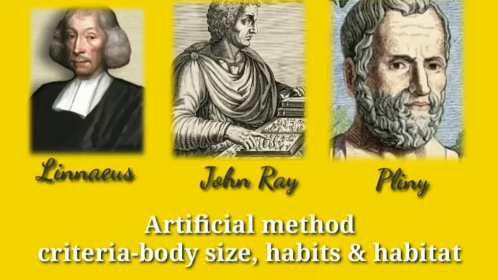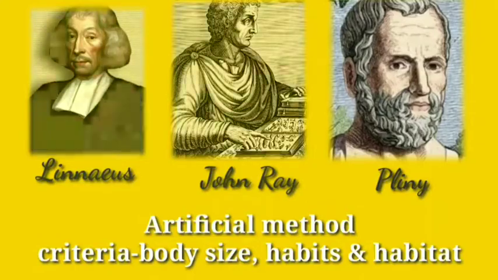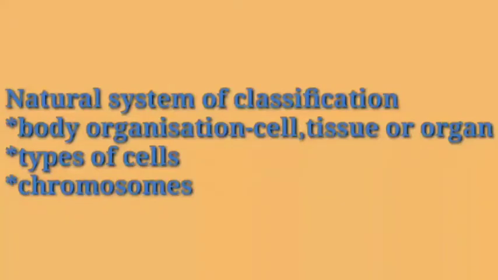But later on, due to the development of science and technology, new criteria of classification have been started. Next system of classification was natural system of classification. Now it was based on criteria body organization, means whether the body of an organism is made up of cell, tissue, or organ.